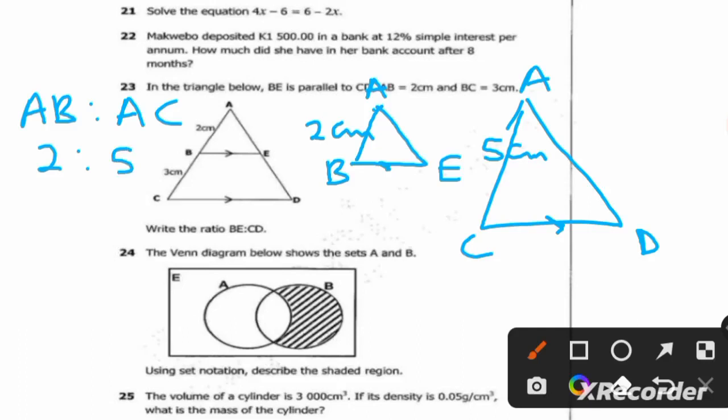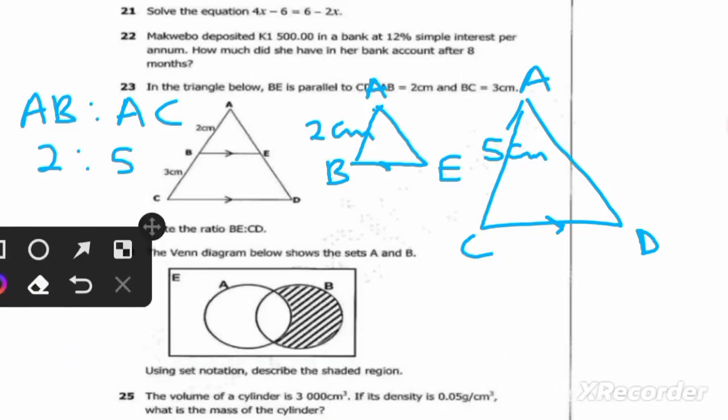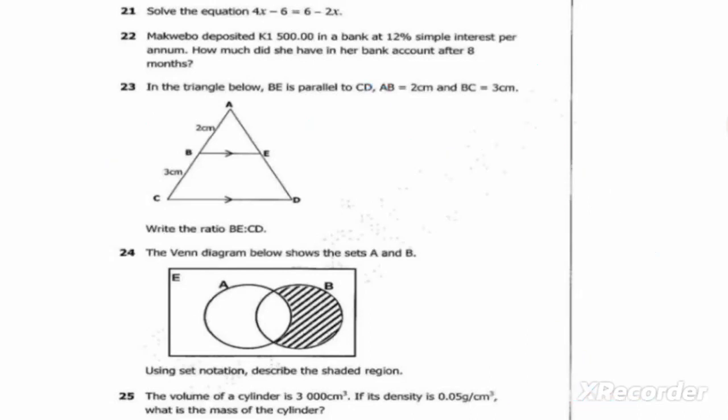So the ratio of the smaller and the bigger triangle is 2 to 5. So here also we are going to say BE to CD is 2 to 5. So this is our answer. Let us move on to the next question.